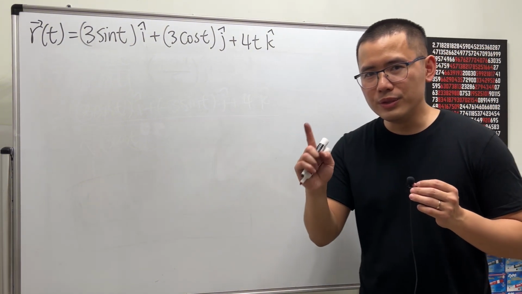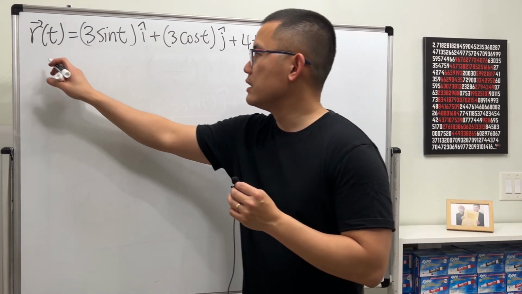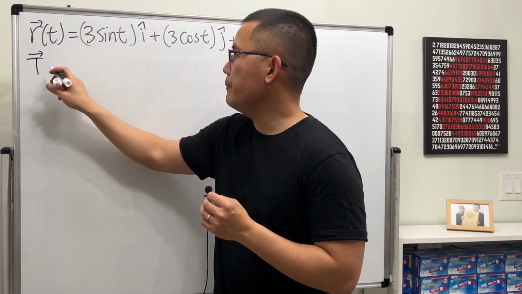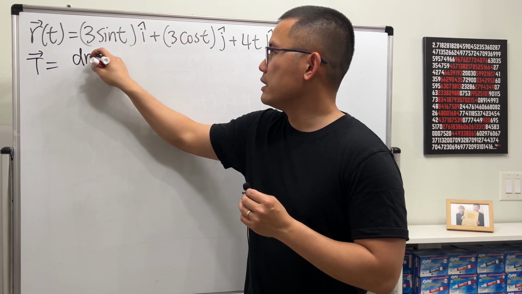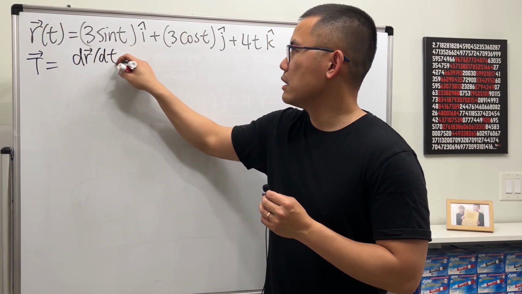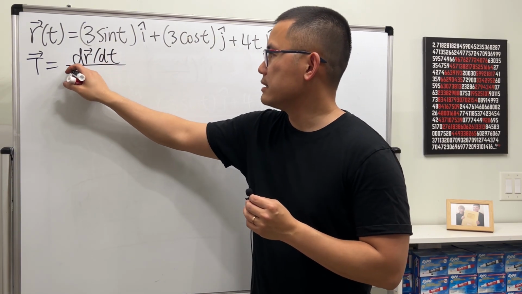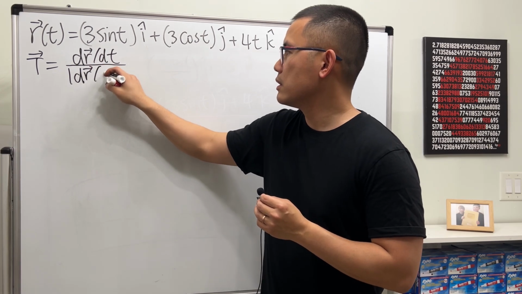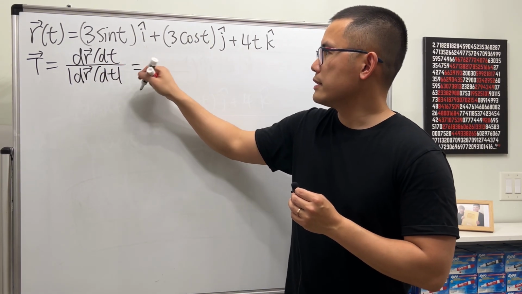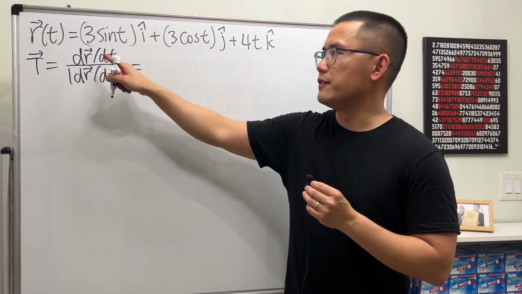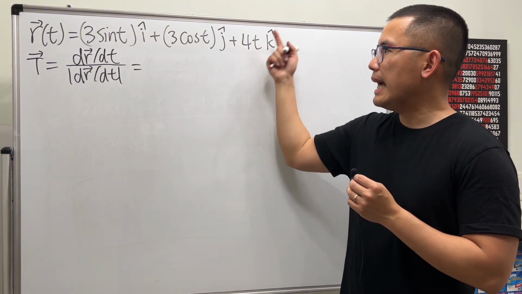Alright, let's find the unit tangent vector first. So that's capital T, which is defined to be the derivative of r, and we just have to divide it by its magnitude. So to find the derivative, we just have to differentiate this, and that.